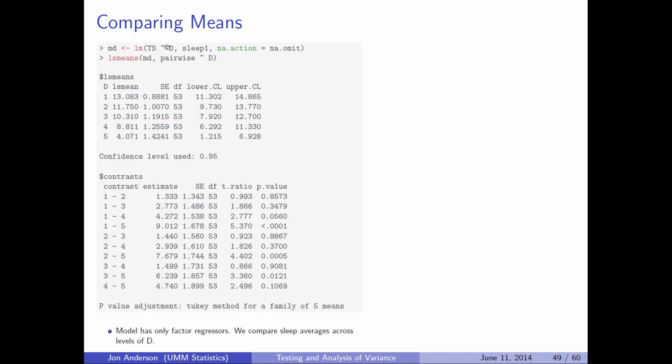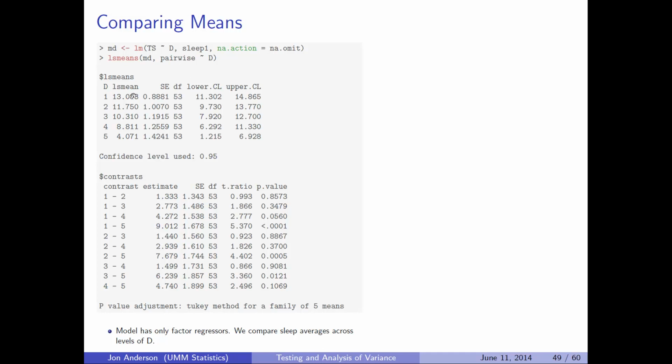We have a model that is explaining total sleep according to the danger grouping. This is just a model that has a purely factor variable in it, and if I want to compare the average durations of sleep, we do it with the ls means command, using the model that I've estimated, MD, and compare groups pairwise according to the danger group.